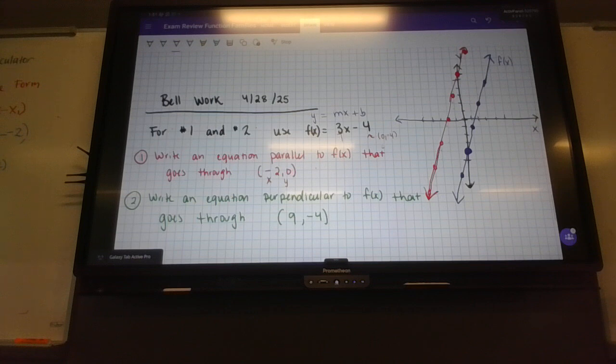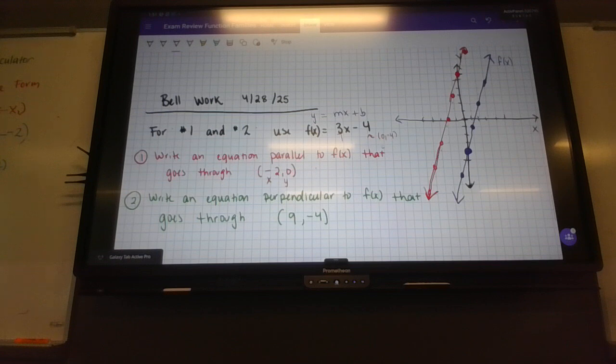So the slope of f of x is 3. David, what would the perpendicular slope be? What's opposite of 3? -3.